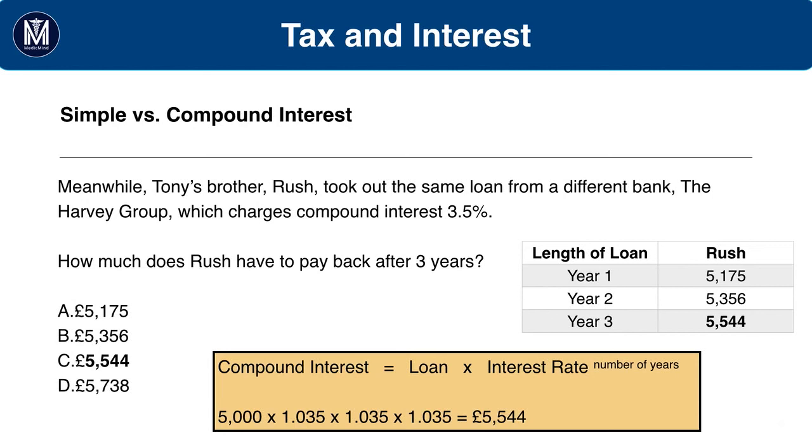This might sound very simple, but it'll save you a lot of time rather than writing down year by year the amount earned. And the answer we get is 5544, C.